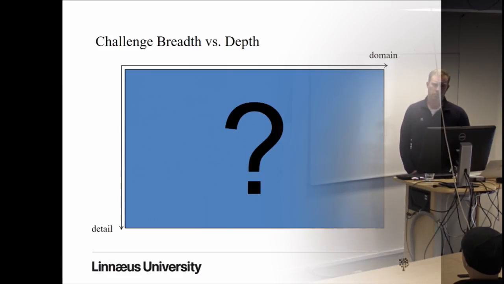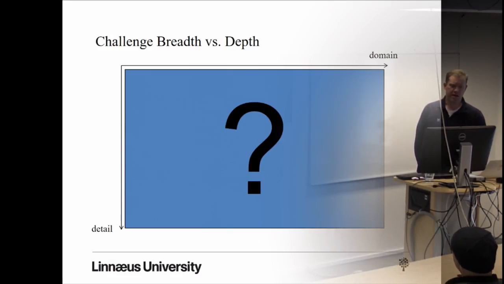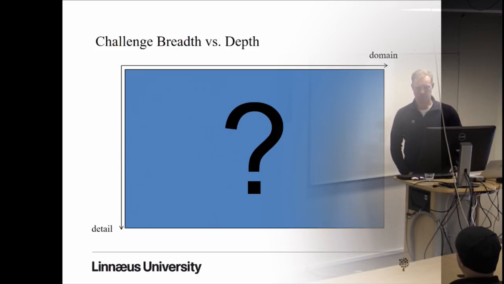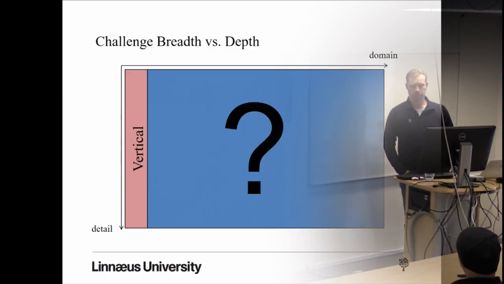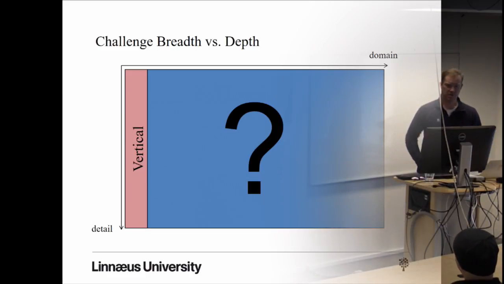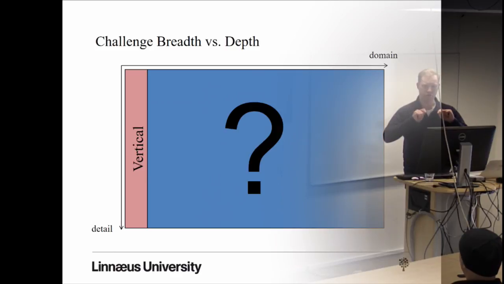What do we do? Well, typically, as an organization, a software house, we will look for some kind of vertical. We are experts in this vertical, this application domain.